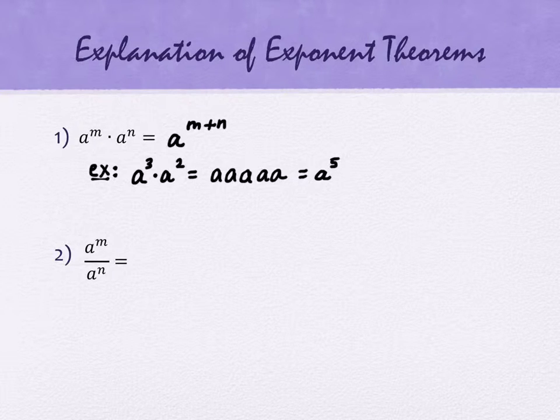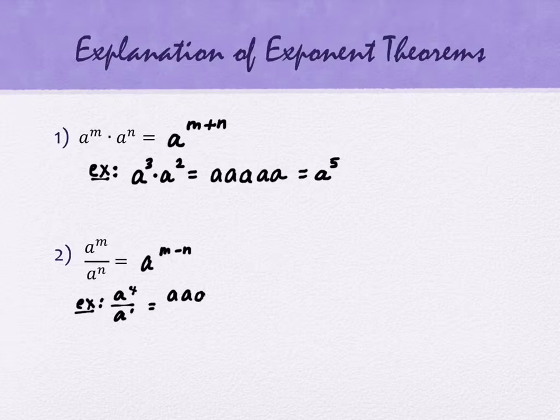We can do the same thing for this one. So this is the property, and the example that we're going to do is a to the 4th over a to the 1st. So a to the 4th means what? A times a times a times a. And of course, a to the 1st means just one a.